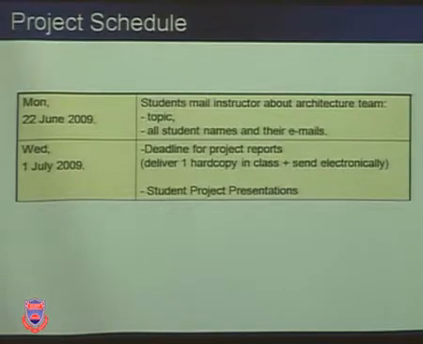This is the schedule, the important dates. June 22, that's next Monday. Before that, you have to mail me about your architecture team with the topics and student names and email addresses. If you don't have a team, just mail me.